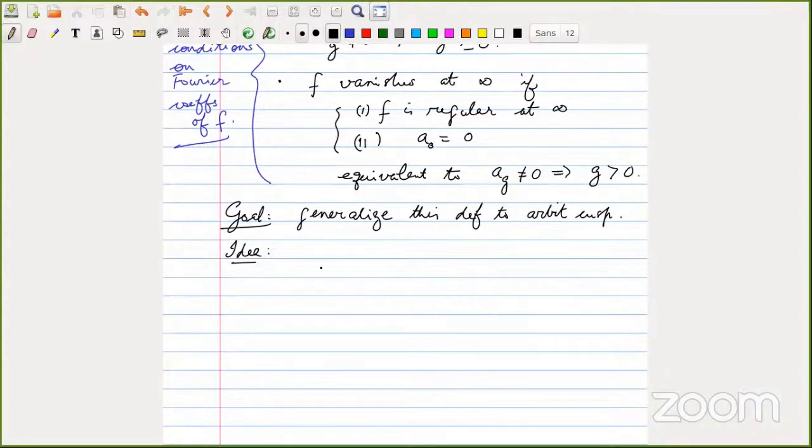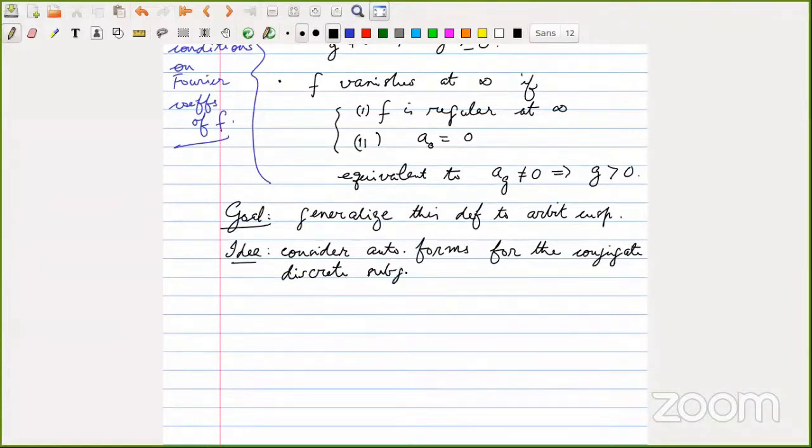So the idea is to consider automorphic forms for conjugate discrete groups.